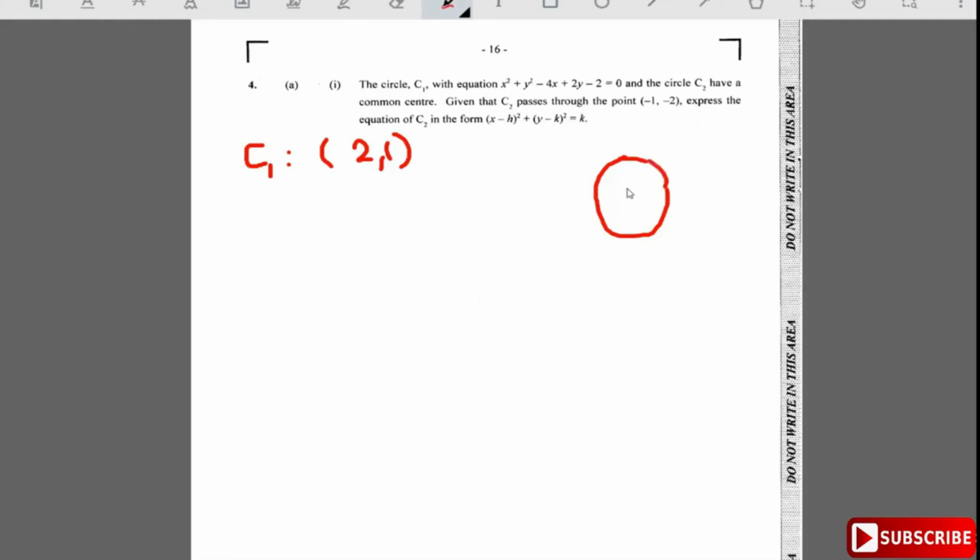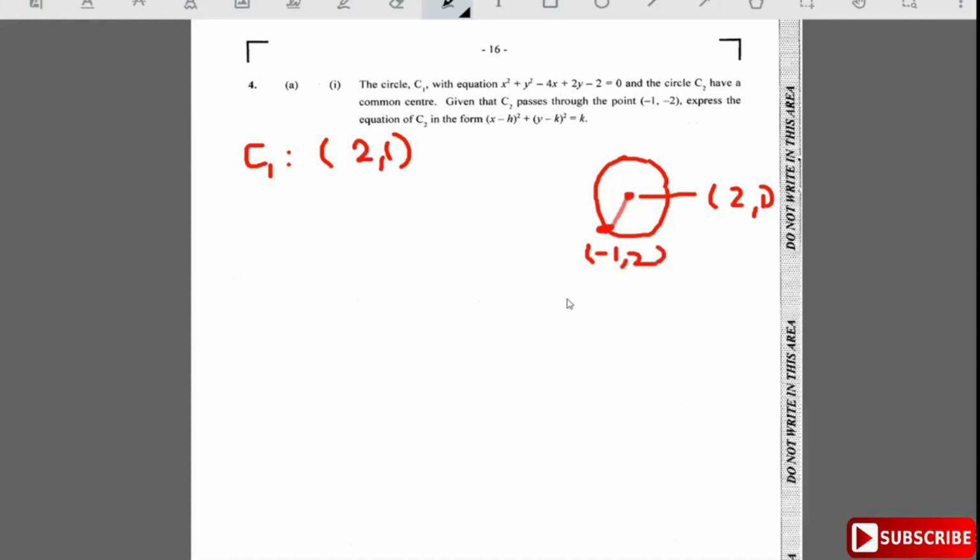Let me label it on the outside, which is 2, 1. And then you have -1, -2. So if we find the length of this line, it will be the radius.